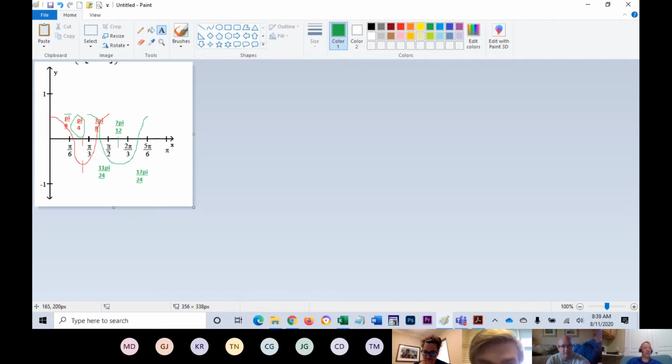The easiest thing for me, that's why I went with the middle first. You know that the period's pi halves, right? So halfway through is going to be pi fourths. Then you just do a quarter, and then halfway through is pi eighths. I probably should have put pi eighths over here. This is on the wrong side of pi 6. It should look more like the green curve. But anyway, pi eighths plus pi fourths is 3 pi eighths.